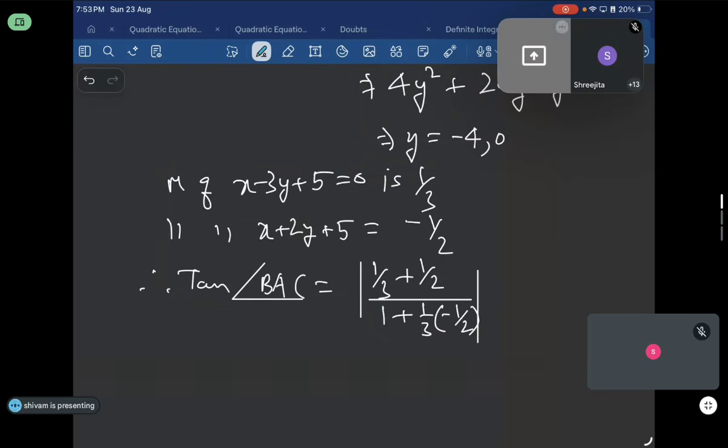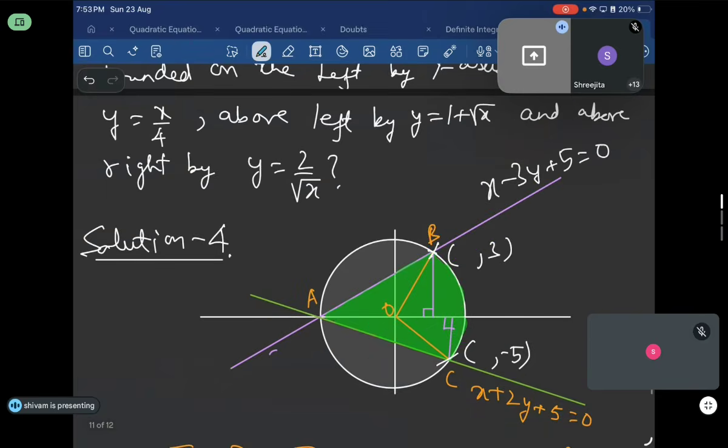What is this giving us? 1 by 3 plus half is equal to 5 by 6, and the denominator also 5 by 6. Just check. So tan is 1, angle at the circumference is equal to pi by 4. What is the angle at the center? Quarter circle, right?